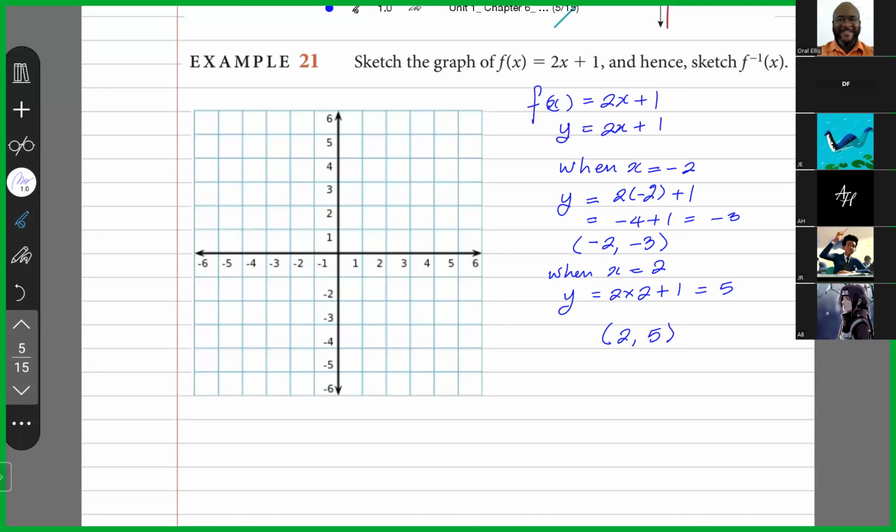All right, so I have 2 points on y is equal to f of x. I'm going to plot them. Minus 2, minus 3 is this point. And 2, 5 is this point. So I just line them up with my ruler and draw a straight line through them.